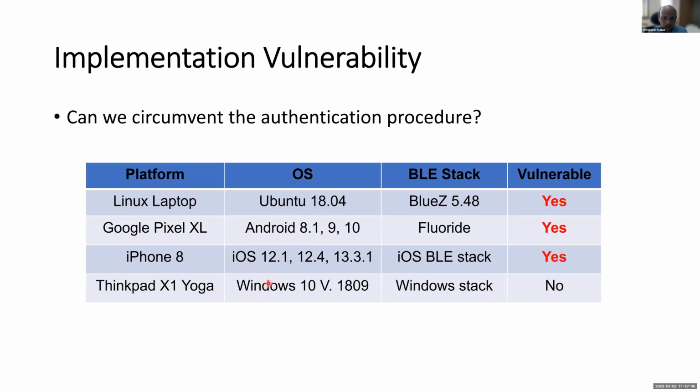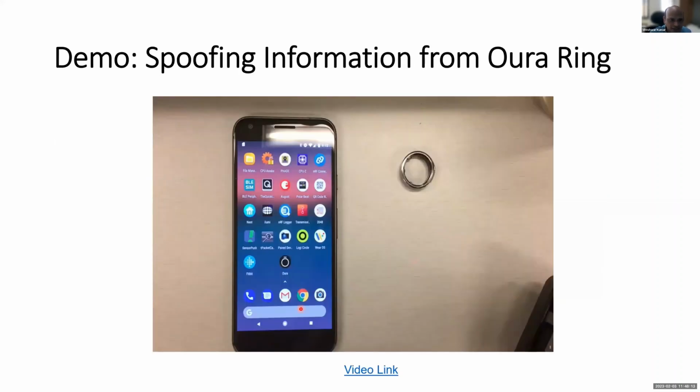But Windows was, interestingly, the operating system which did not have this security vulnerability. The Windows Bluetooth stack did not have it. So we were able to demonstrate that our attack works against a large range of devices. Of course, the impact is in billions of devices. So now let me demonstrate the attack here.